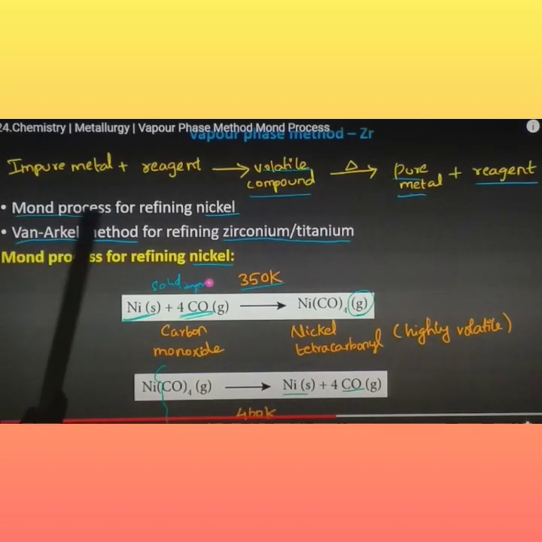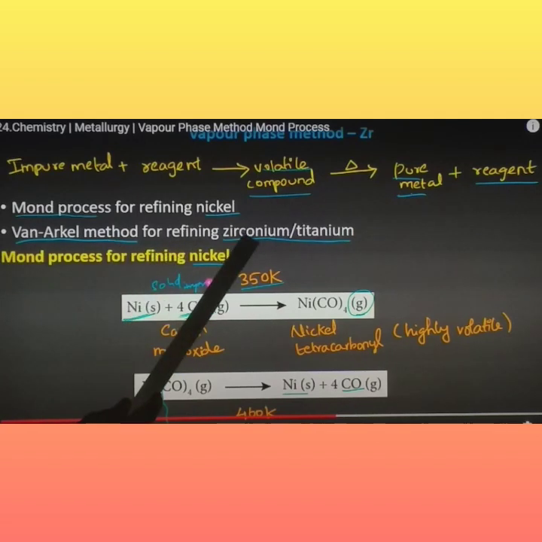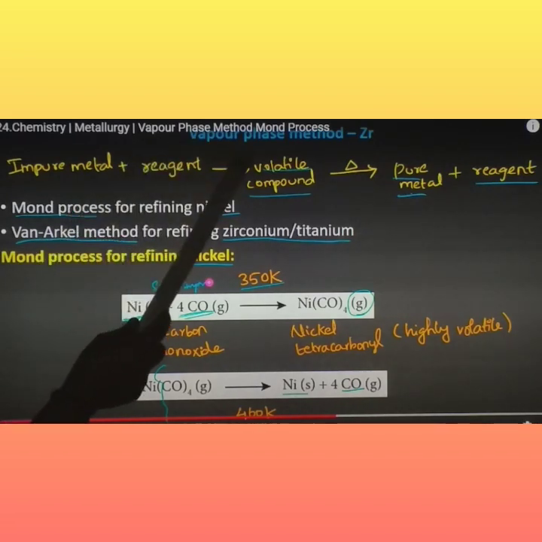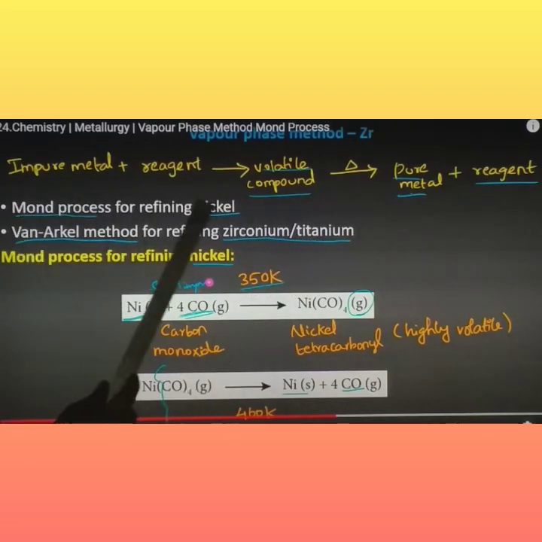See, the Mond process is for refining of nickel. Then the Van Arkel method, which we saw in the last class, is for refining of zirconium and titanium. Both the Mond process and the Van Arkel method come under the vapor phase method. So Van Arkel for zirconium and titanium, Mond process for refining nickel.